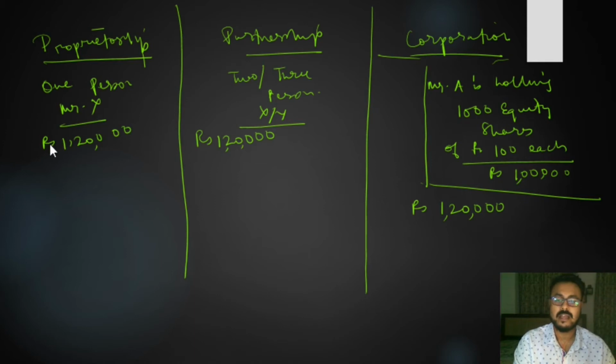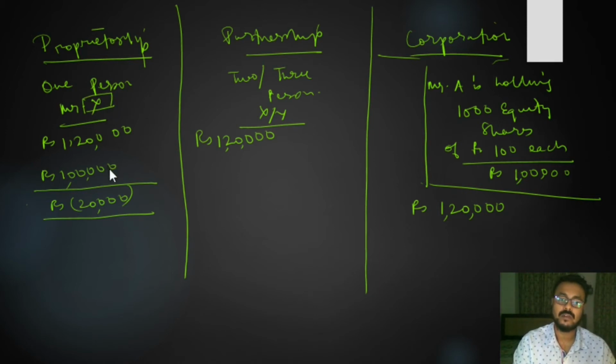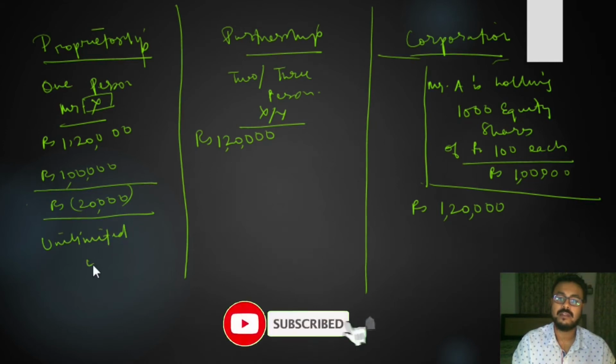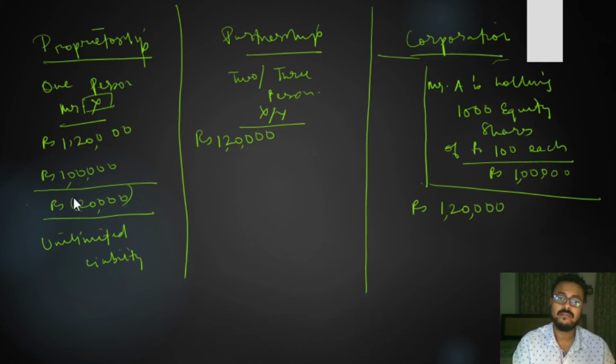Now Mr. X has within his business only rupees 1 lakh. So you will be able to pay only 1 lakh. The balance of rupees 20,000 has to be paid by Mr. X beyond the capacity of the business, or you can say from his pocket. This liability is unlimited. So as per this, Mr. X has to pay it from his pocket.